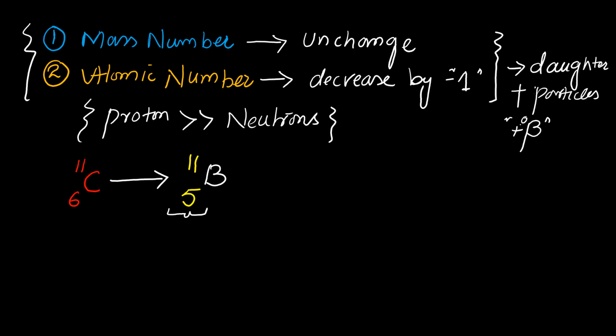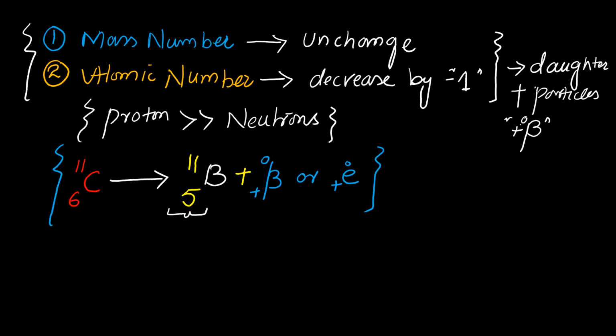So with the boron there will be a positron decay, and we can write beta plus here, or in place of beta plus we can also write e plus. So this is positron decay for the carbon isotope.